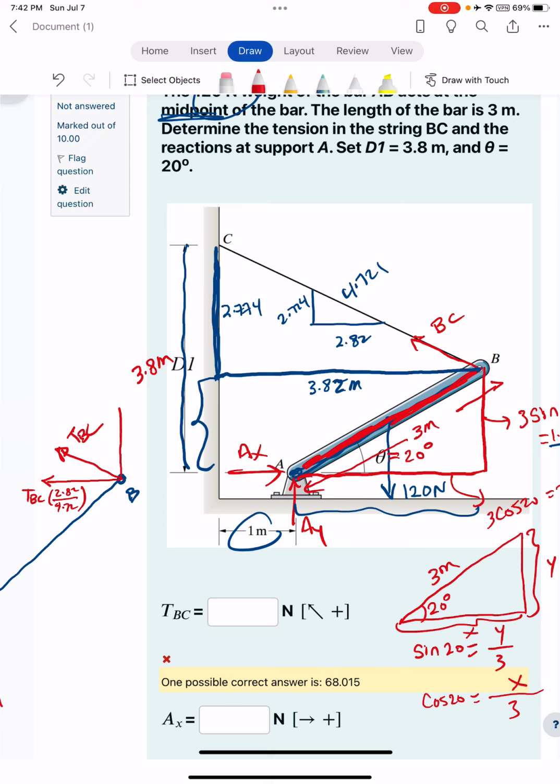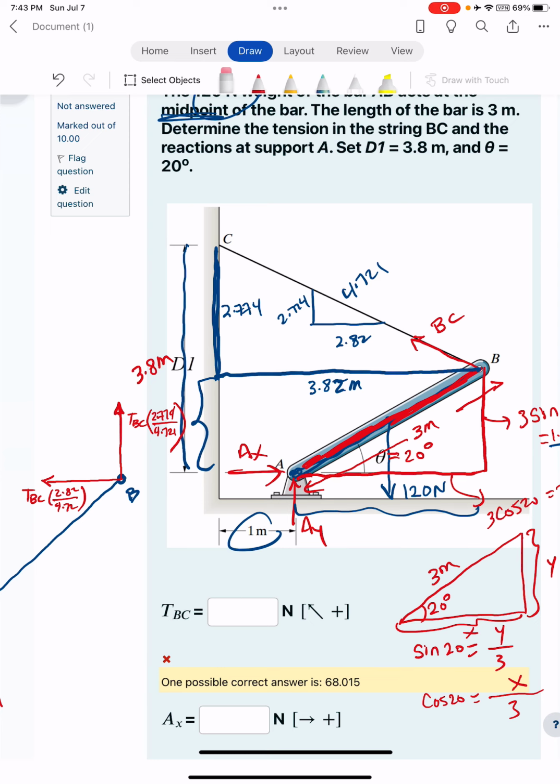That's going to do 1 in the Y, tension BC, 2.774 over 4.721. So 2.82 over 4.721 and 2.774 over 4.721, and that is 1 in the X, 1 in the Y. So let's ignore this since we make it 1 in the X, 1 in the Y.